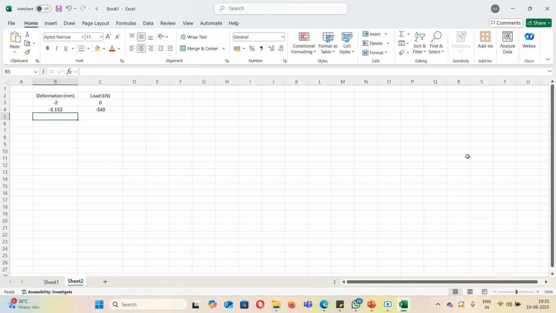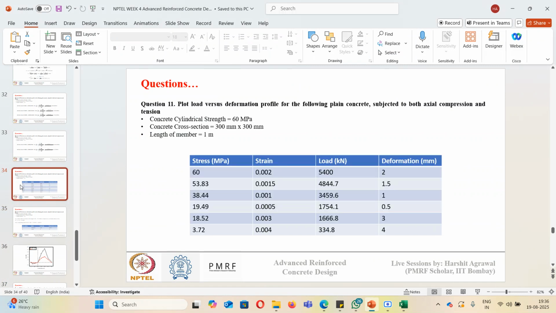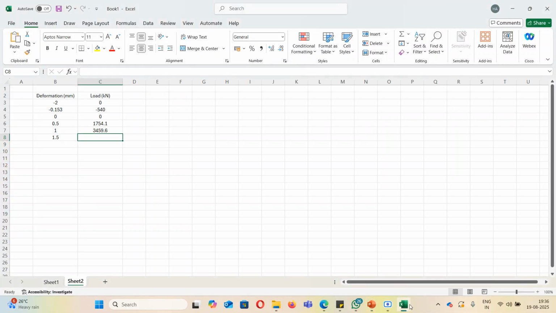Then at 0 it is 0, at 0.5 it is 1754.1, at 1 it is 3459.6, at 1.5 it was 4844.7, at 2 it is 5400, at 3 it is 1666.8, and at 4 it is 334.8.